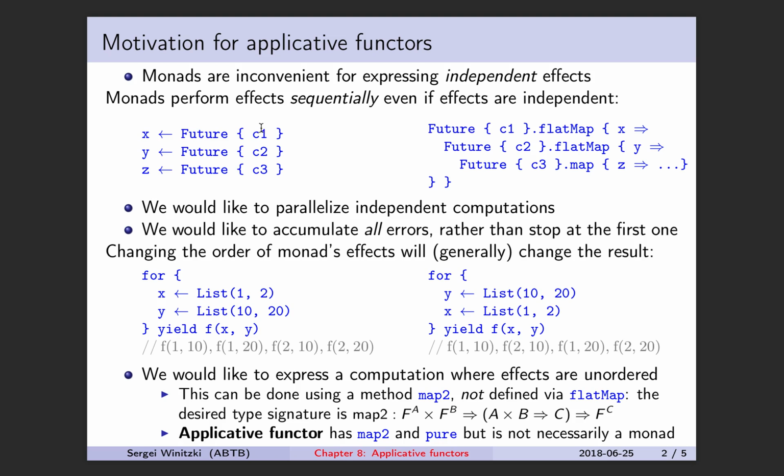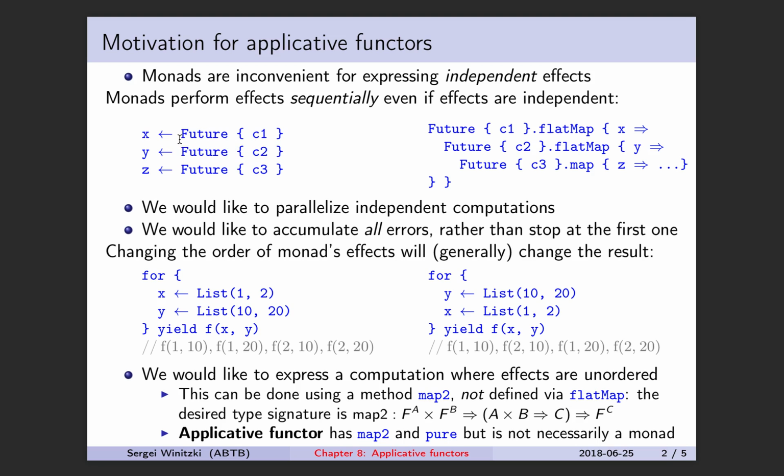Now, if we write code like this, then these three futures will be created sequentially. That is, first, this future will be created and scheduled on some thread, and then when it's done, you get the value x, and then the second future will be created and scheduled, even though it doesn't use the value x.